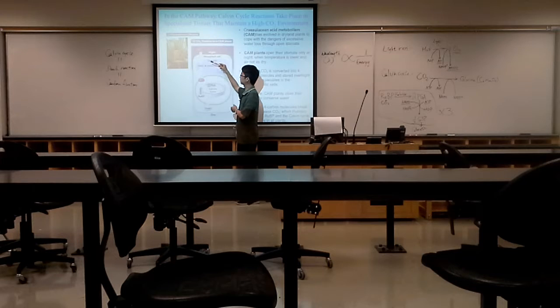But instead of having a separate mesophyll cell and bundle sheath cell, inside the mesophyll cell you will have a vacuole that will store carbon dioxide as a 4-carbon molecule. And then during daytime, when the stomata is closed, these 4-carbon molecules will be broken down into carbon dioxide, so that inside the leaf you will have a high carbon dioxide concentration to make sugar.